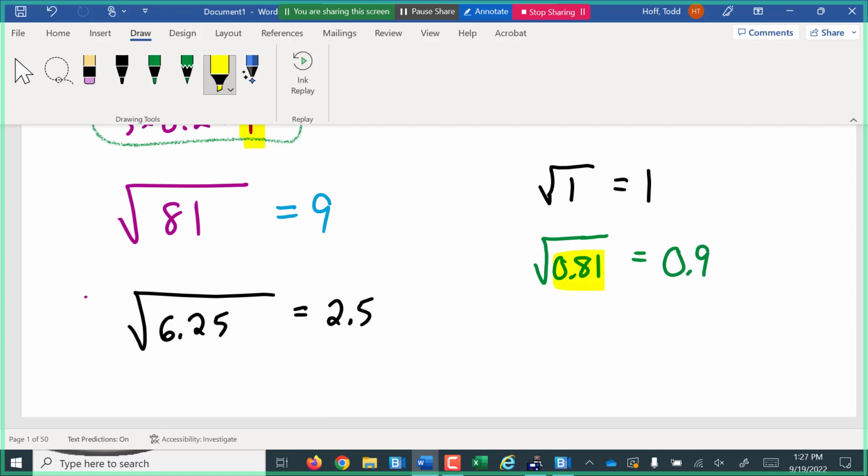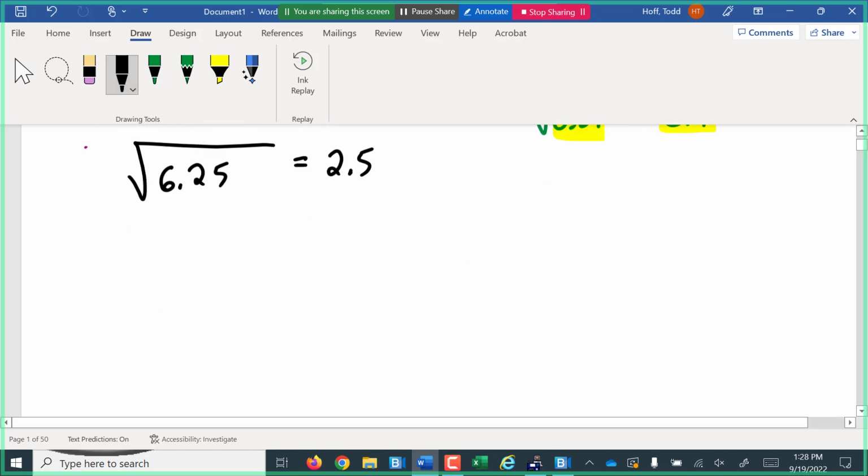Because 0.81 was smaller than 1, square rooting it has the opposite effect. It actually gets larger. Just like with our squares, when we got smaller than 1, it went the opposite way. They got smaller. So that's something to keep in mind as we're working with our decimals when we deal with powers and roots.